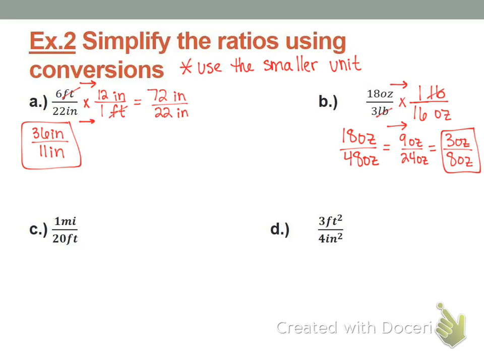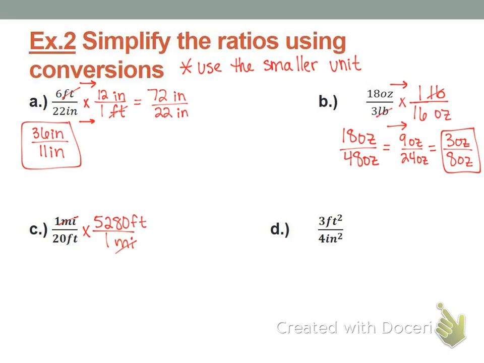All right, on letter C, which unit are we keeping? Feet. Our smaller unit is feet. That's the one we're keeping. So what was our conversion factor? 5,280 feet over 1 mile.